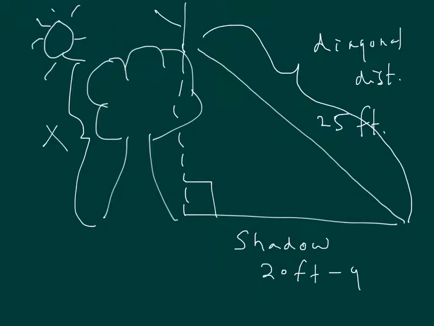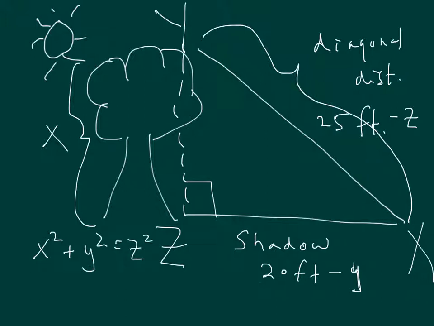And this would then be capital letter X, and then this would be capital letter Z. So we got Y and we got Z. So one of the legs, Y, is 20, and the hypotenuse Z is 25. So we could rewrite this Pythagorean theorem as x squared plus y squared equals z squared.